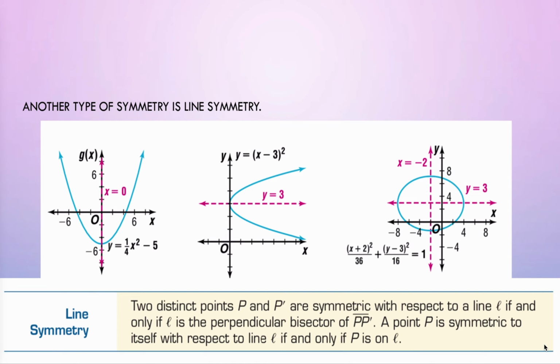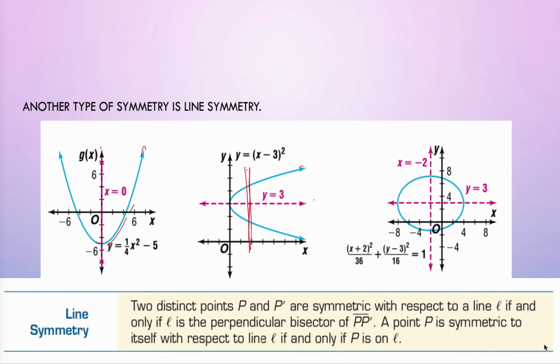Another type of symmetry is line symmetry. You can have functions that are symmetric with respect to the y-axis, like a parabola here. You can have functions that are symmetric with respect to a horizontal line. Actually, if it's symmetric with respect to a horizontal line, it is not a function because it fails the vertical line test.